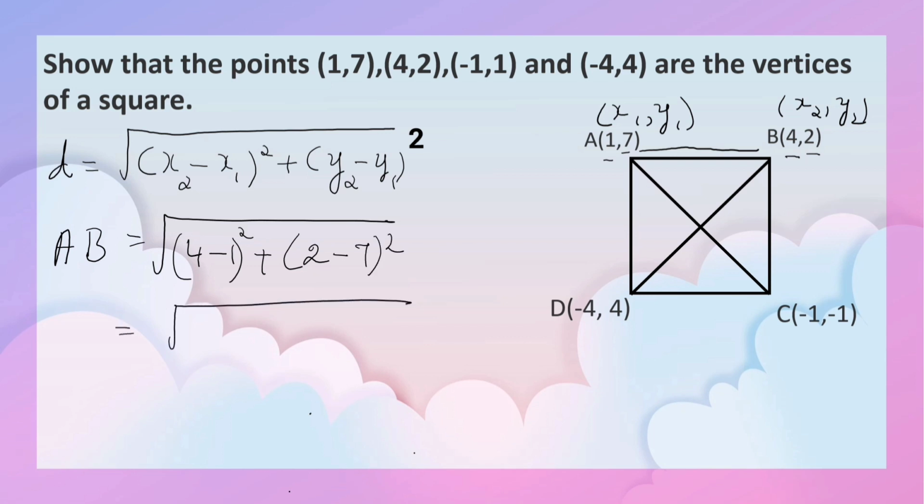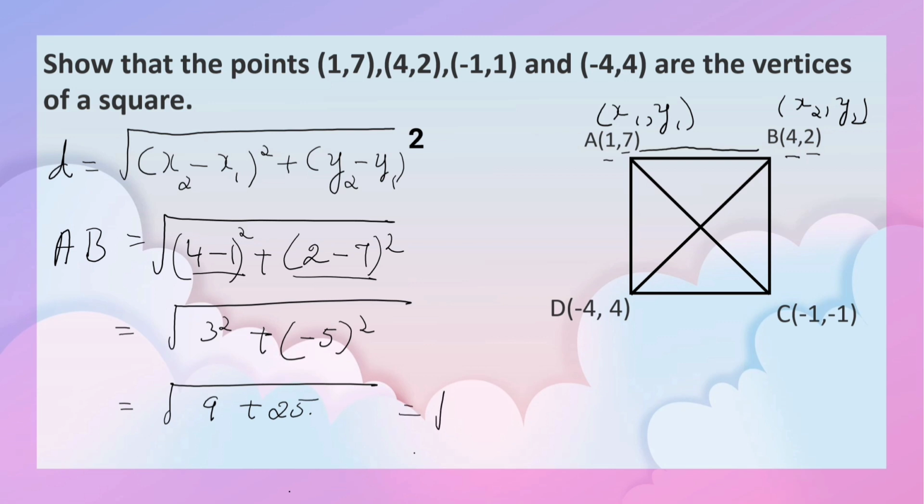That is equal to 4 minus 1 is 3 square, plus 2 minus 7 is minus 5 the square. 3 square is 9 plus minus 5 square is 25. That is equal to root of 34 units.